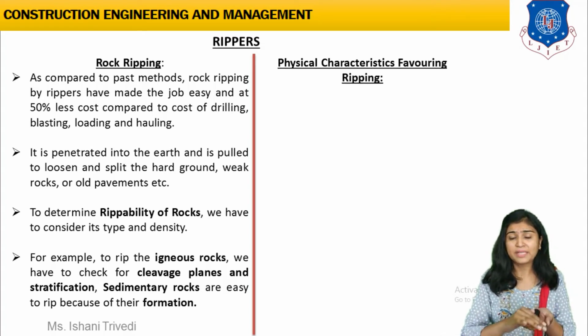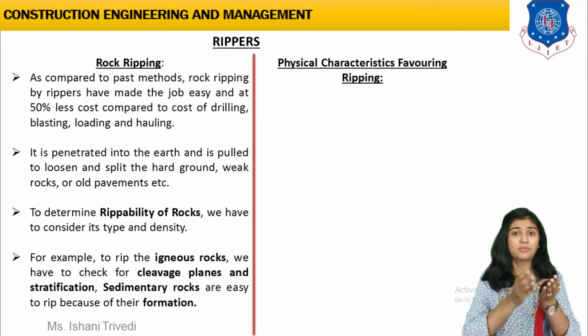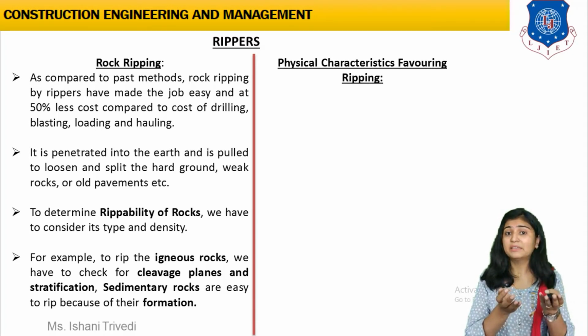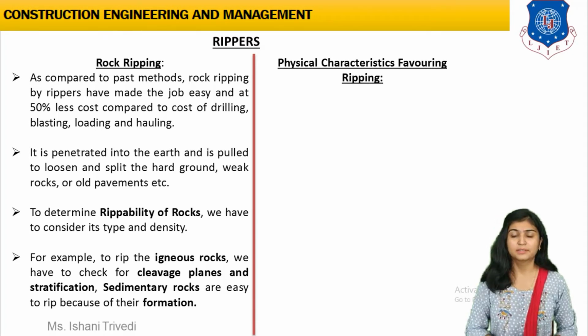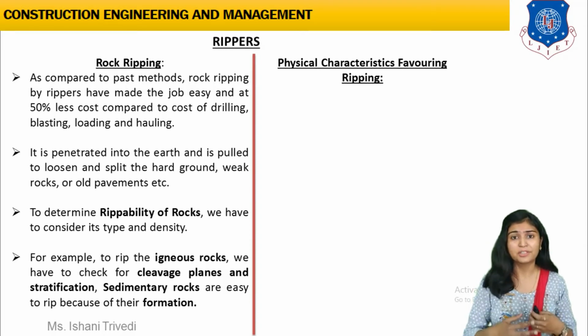And the cleavage planes are one of the physical properties of the rock minerals. If the plane is faulty, if it has cleavages, meaning it has cracks, then if such faults are present, it will be favorable to us. Now we are talking about the characteristics, the factors which favor the ripping process with the help of a ripper.